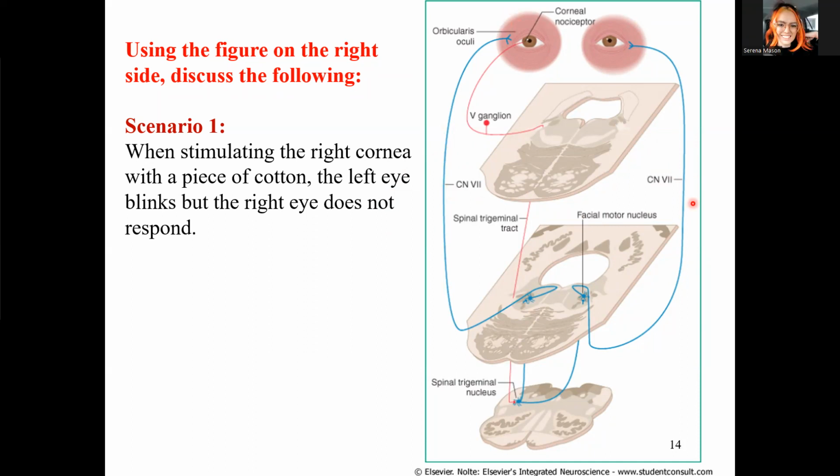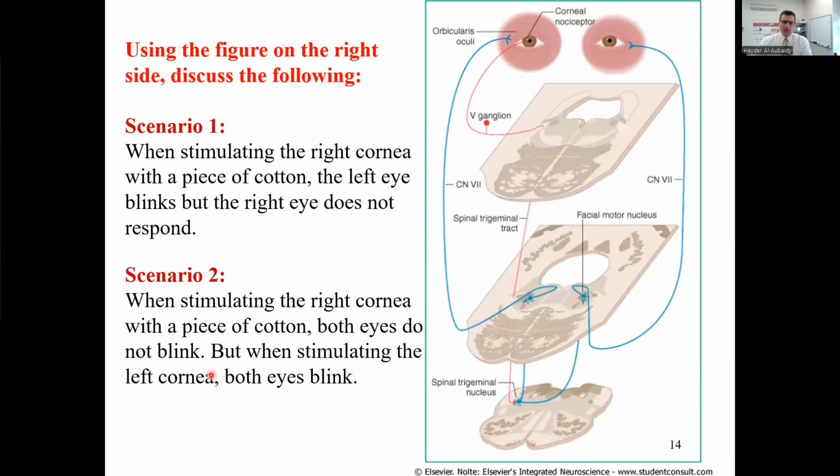Same side, yeah. Because testing the right cornea produces blinking of the left eye, which means that if you test this one, the information comes all the way here, going up, and this continues as it is because it's intact, that's why it produces blinking, but the ipsilateral facial nerve is damaged, hence there is no blinking.